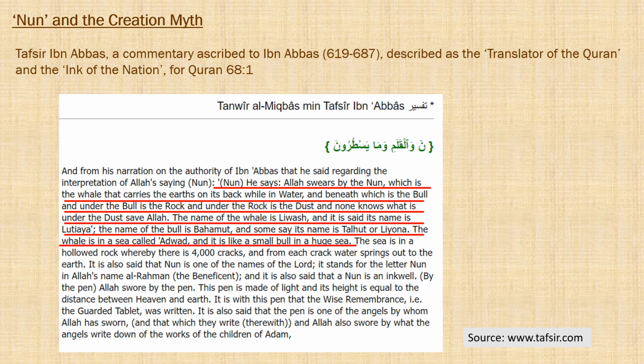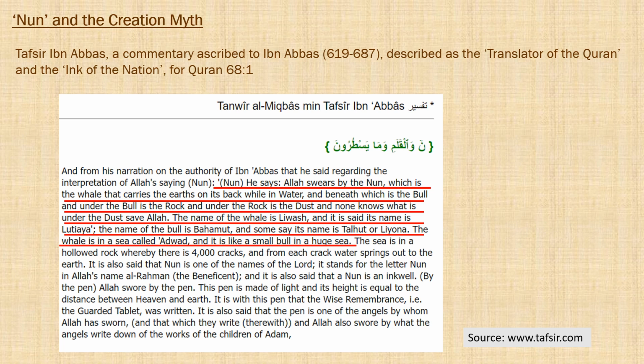In Quran 68:1, it begins with the letter Noon, and he describes that the earth and the cosmos were created thus. Allah swears by the Noon, which is the whale that carries the earth on its back while in water, and beneath which is the bull, and under the bull is the rock, and under the rock is the dust, and none knows what is under the dust save Allah.